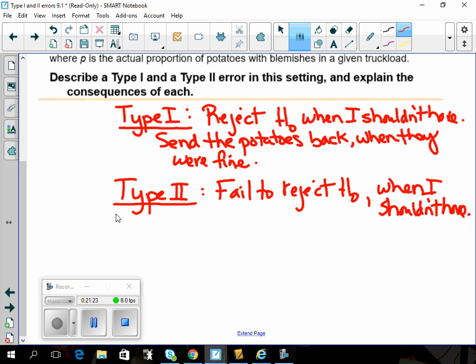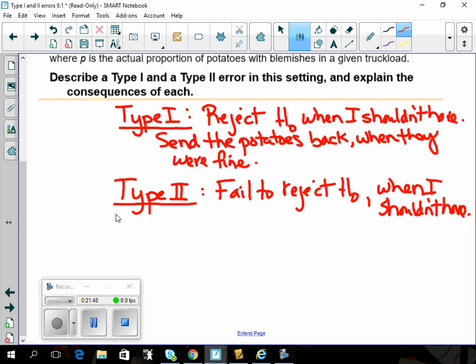Okay, so thinking about a type 2 error, I did not reject the null, but it was false, right? That's really what that's saying here. So what about in context, what's happening? What am I doing with the potatoes? Am I sending them back or am I keeping them? I'm keeping the potatoes, and what's going to happen? They were bad.